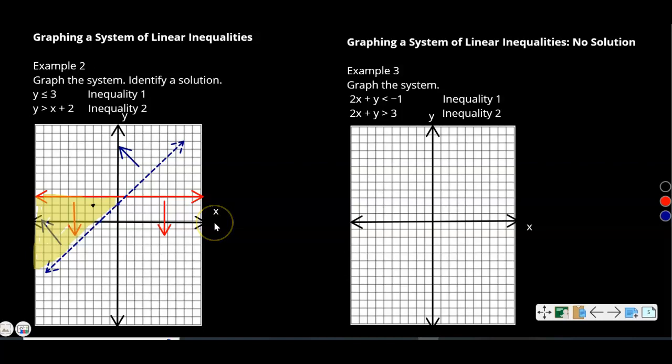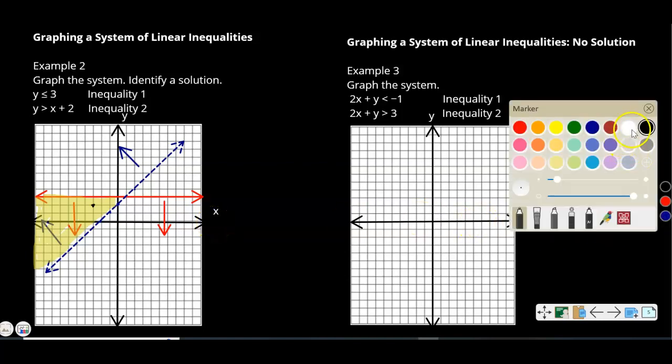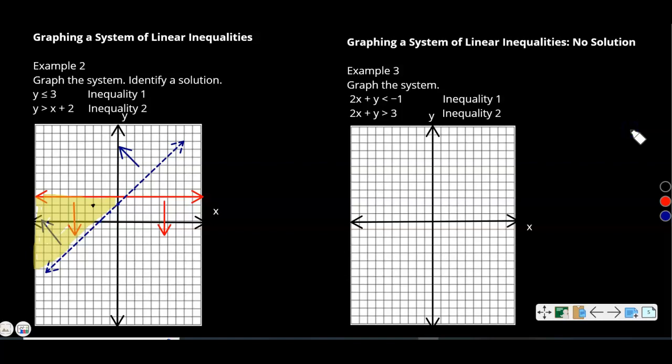So that would be -3, 2. And then you would check it like we did in the previous one. So 2 is your y. Is 2 less than or equal to 3? Yes, it is. So it works for the first one.